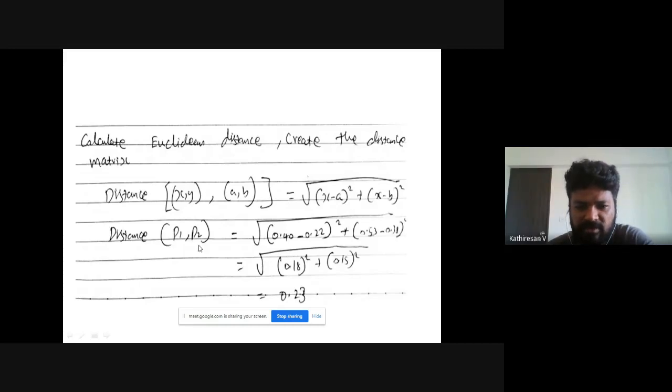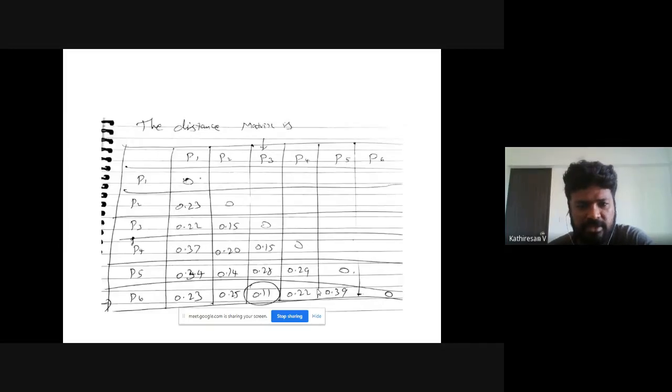So if we want to find the distance between P1 and P2, it is 0.40 minus 0.22 whole square plus 0.53 minus 0.38 whole square, root of, and root of 0.18 whole square plus 0.15 whole square, and the result which we get is 0.23. So this is how the Euclidean distance is formed. And the distance matrix which we are having here is this one.